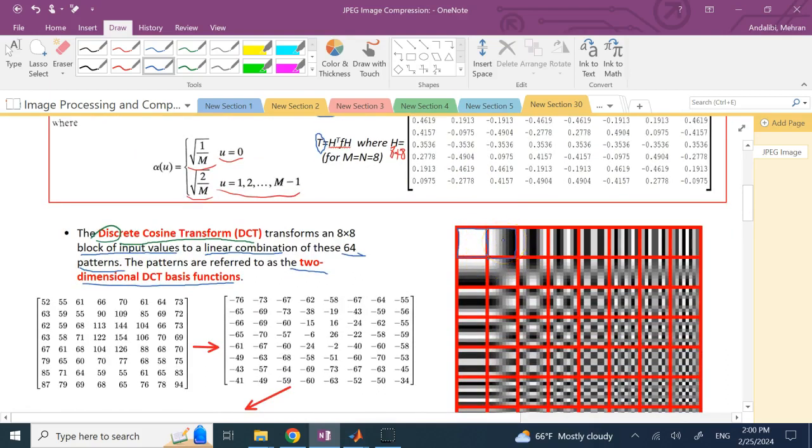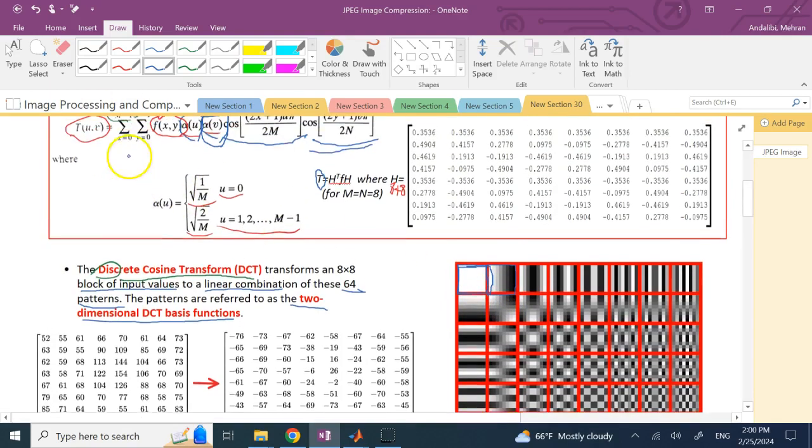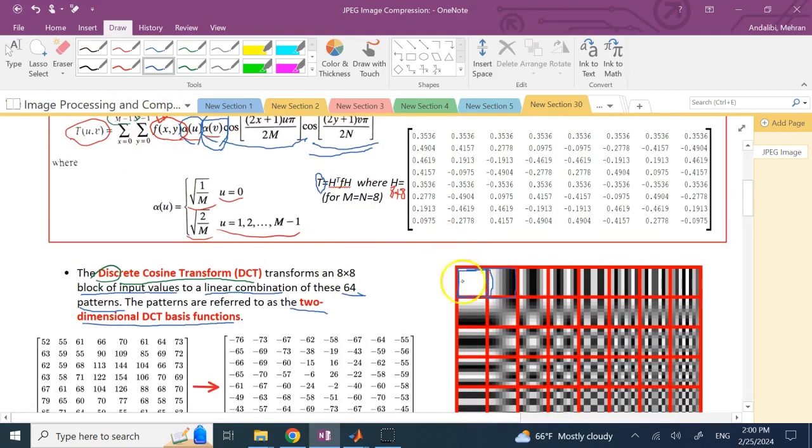And what do they do? Well, if you look here, this is an all-constant pattern. So if I multiply or convolve my signal by an 8 by 8 window which is all constant and all the same, what would you get? Let's say all of these values are 1 over 64.